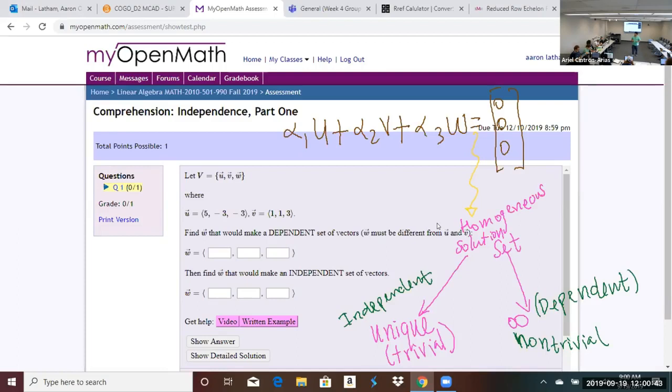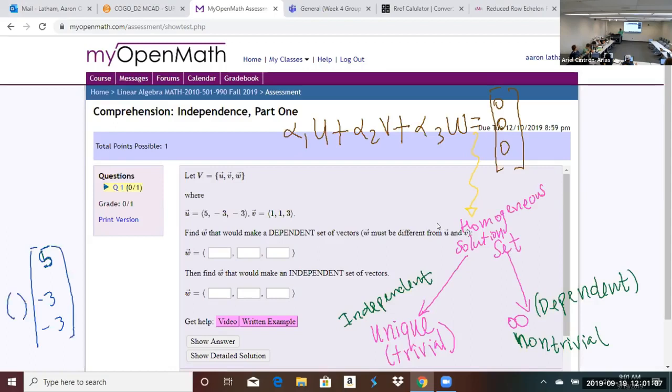Let's try that. Everybody chooses. How do we make a linear combination? What you have to do is take u, which I'm going to say here is 5, minus 3, minus 3, and this has a scalar in front of it.